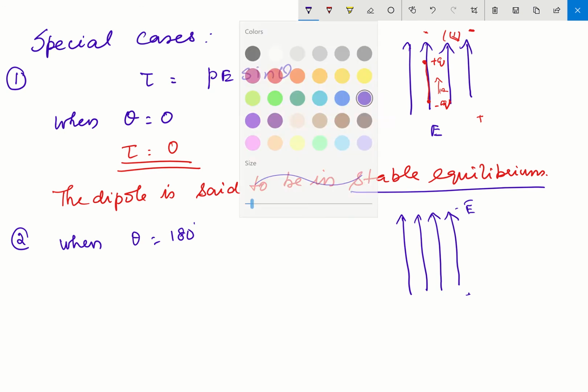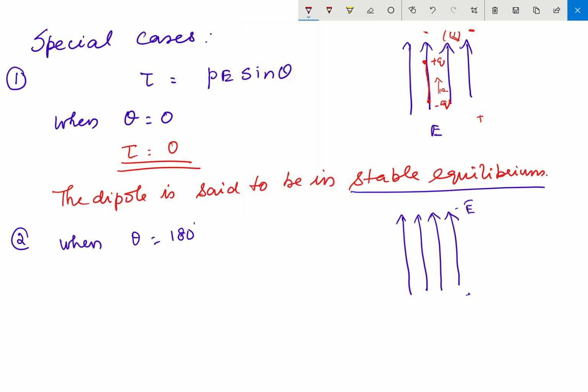Now I am keeping the dipole like this. Here is minus q and here is plus q. What is the P direction? The dipole moment direction will be in this direction. Therefore, here P and E are opposite. In that case, theta is equal to 180.